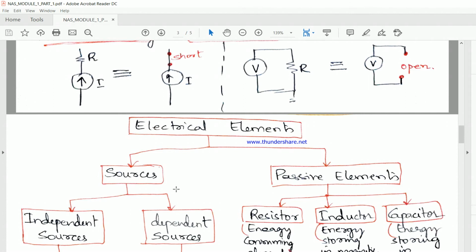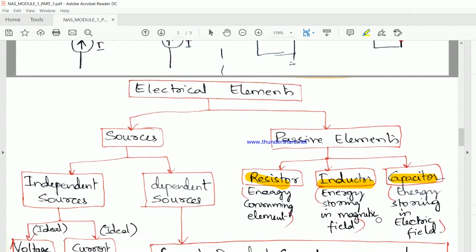Passive elements are the second family of elements that we have in an electrical network. The passive elements are the resistor, inductor and capacitor. So three different passive elements that we have. Now what do these passive elements do?